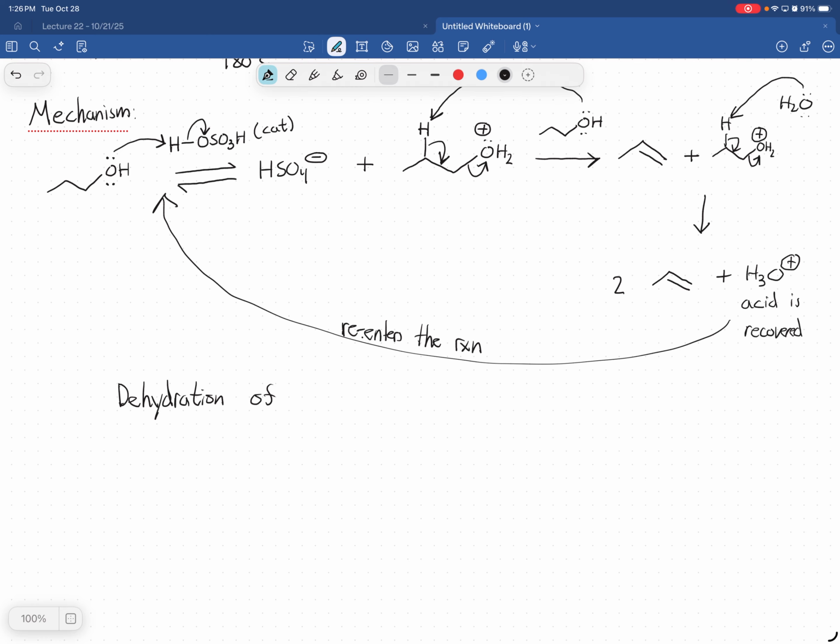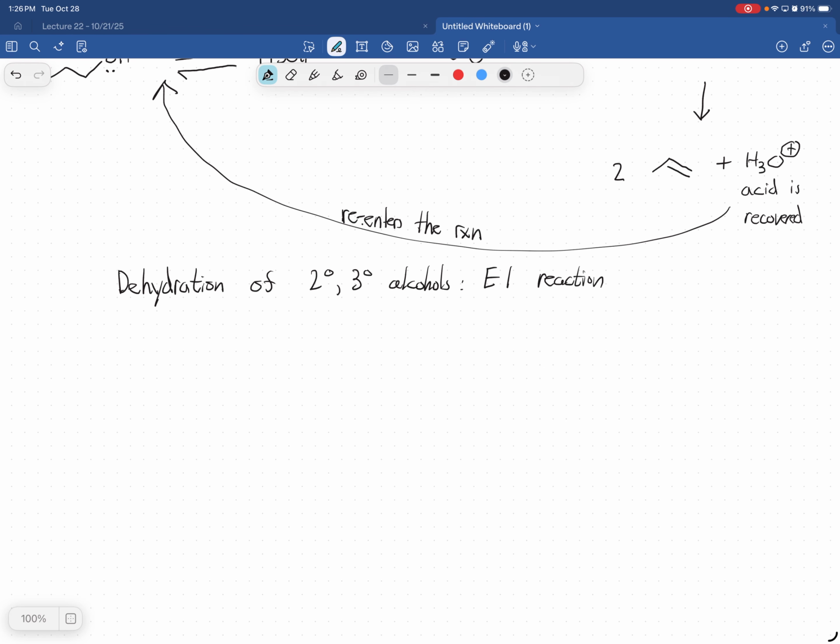All right, dehydration of secondary and tertiary alcohols. Okay, so here the mechanism will slightly change, E1 reaction. So let's show an example of the carbocation forming in solution. So here we have our 1-methyl-1-cyclohexanol.